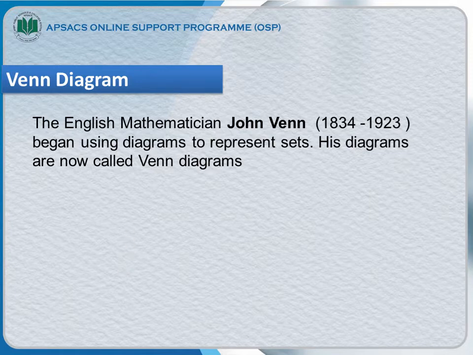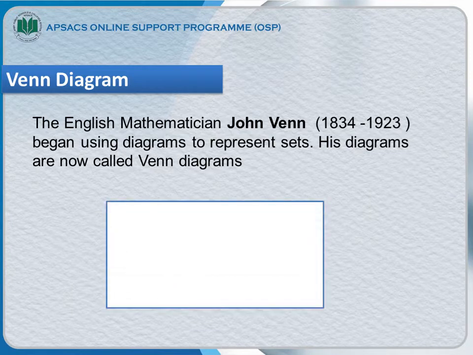We write the universal set in a large rectangular box, and the other sets are represented by circles within the rectangle.